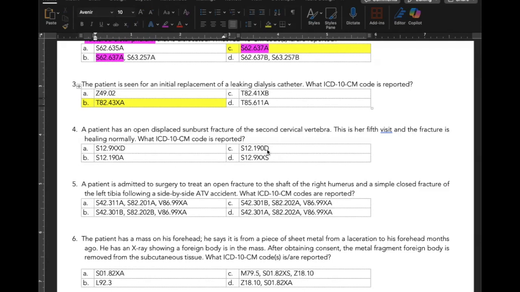So then let's go back and figure out which one we need. S12.190. D for routine healing. Yep. So we are doing letter D for the routine healing. Any questions on that?